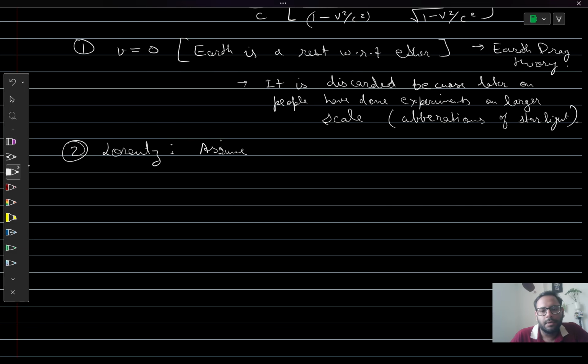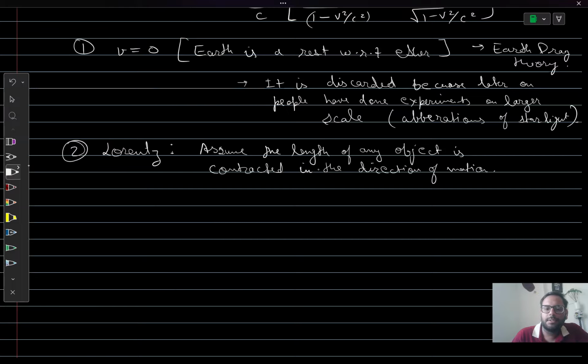the length of any object is contracted in the direction of motion.